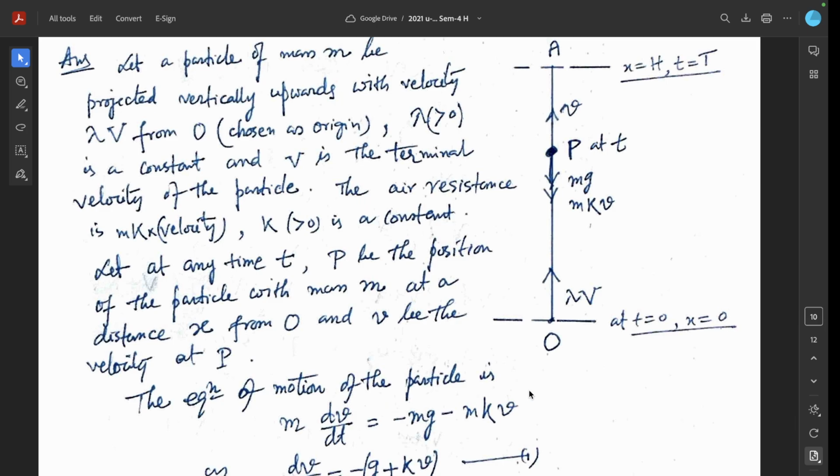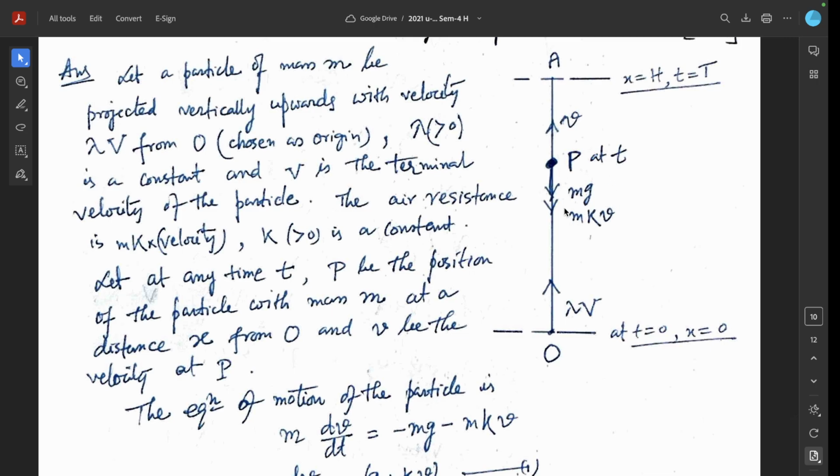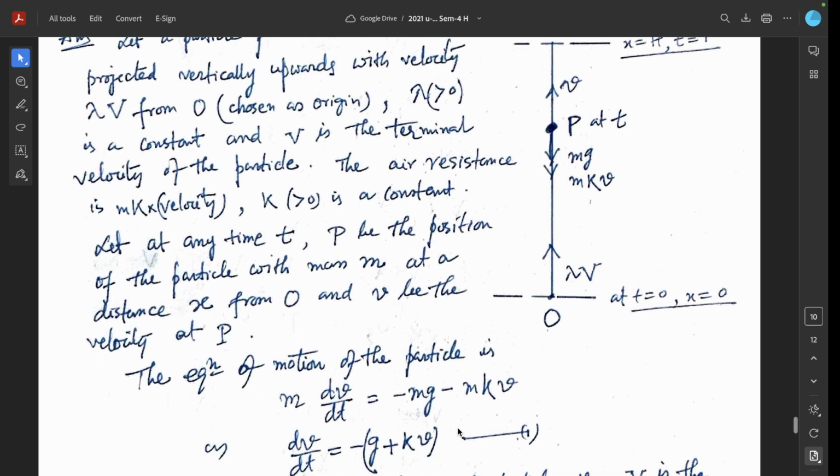The equation of motion of the particle is m dv/dt, mass into acceleration is equal to force. Here mg acts vertically downwards, so it is negative, and the resistance force mkv also acts vertically downwards towards O, so this is negative.